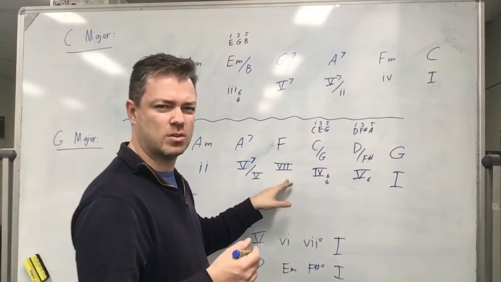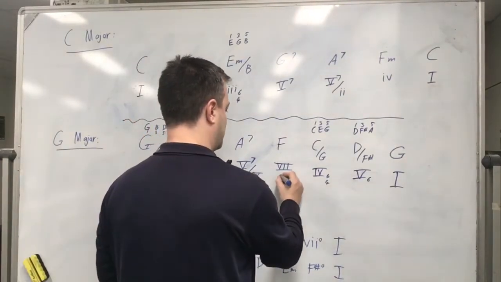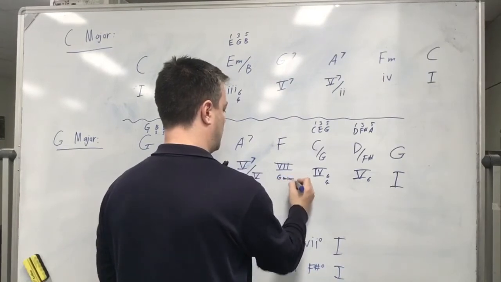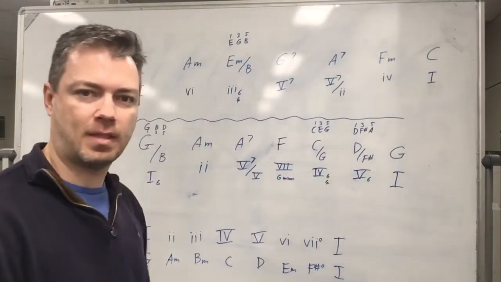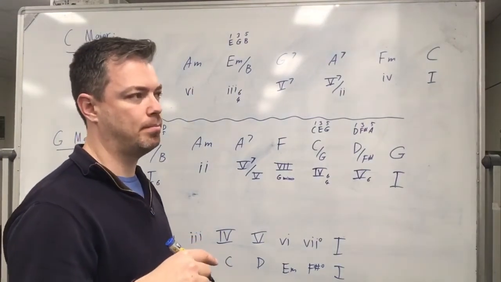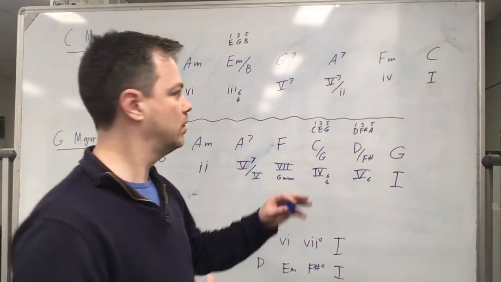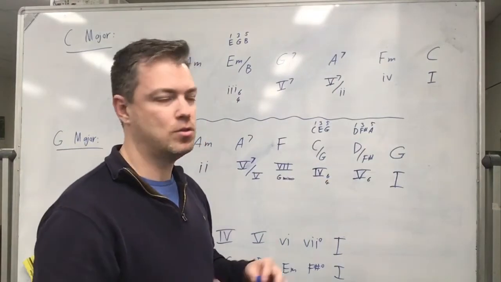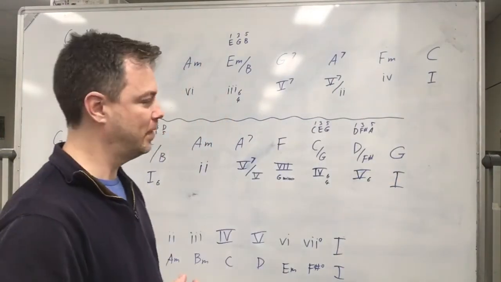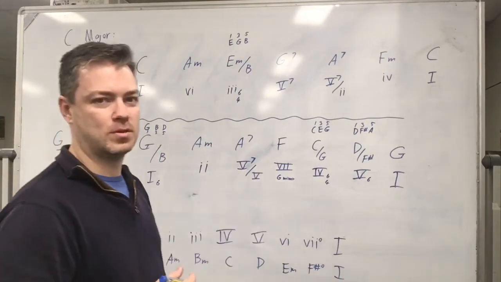So when it's not as obvious, I like to just put G minor under it, like that. Most of the time when they borrow a parallel minor chord, and certainly for the examples that we use, most of the time it's a minor 4 chord. That one's more confusing, sorry.